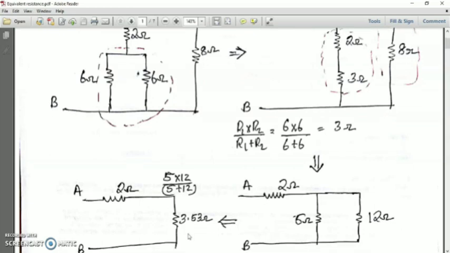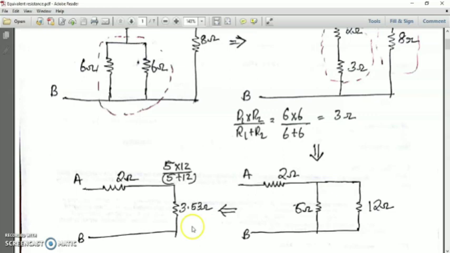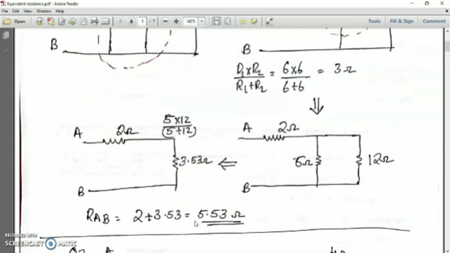So now this 3.53 ohm and this 2 ohm are in series. So the final answer for this particular question is the resistance between A and B is 2 ohm plus 3.53 ohm in series, that is 2 plus 3.53, equal to 5.53. Okay, so RAB equal to 5.53 ohm.